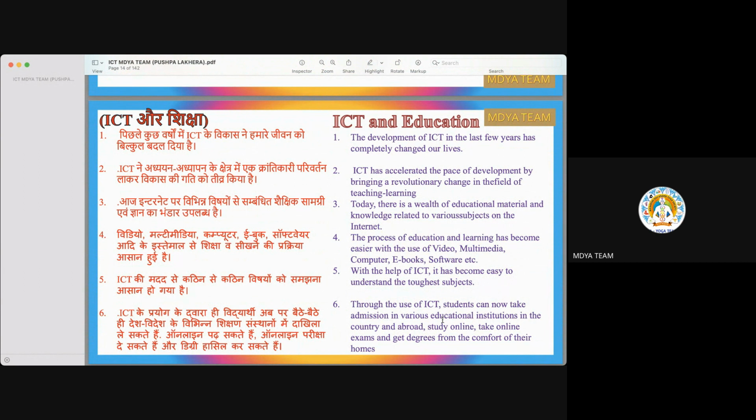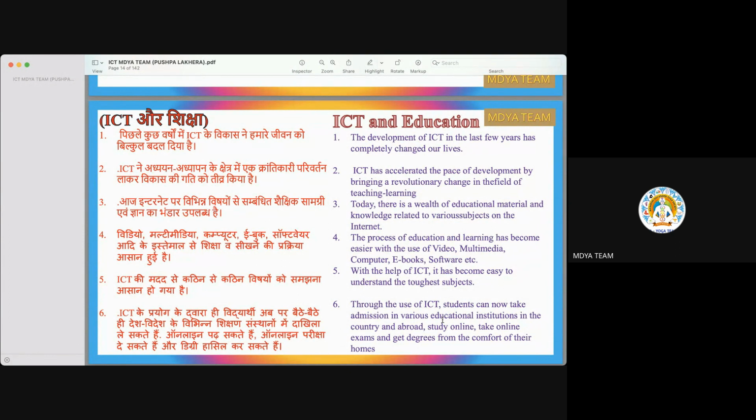The development of ICT in the last few years has completely changed our lives. Yes, it is. Especially after COVID. During COVID, you can say, it evolved in a different and better perspective. ICT has accelerated the pace of development by bringing a revolutionary change in the field of teaching and learning.